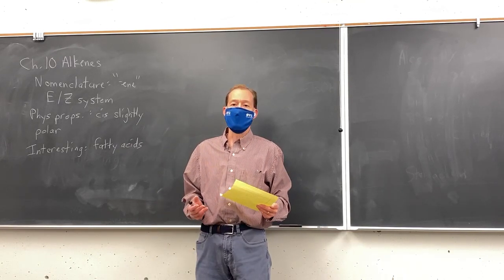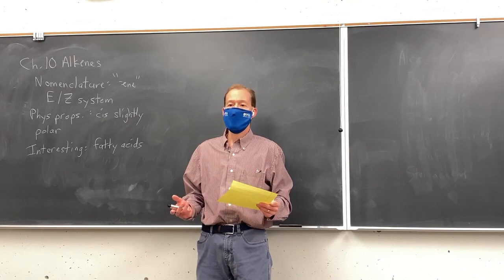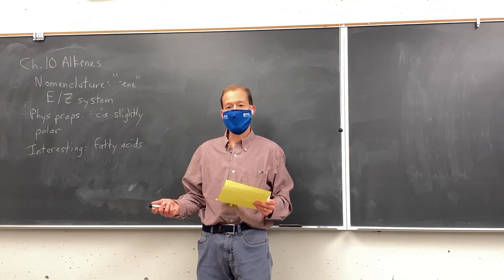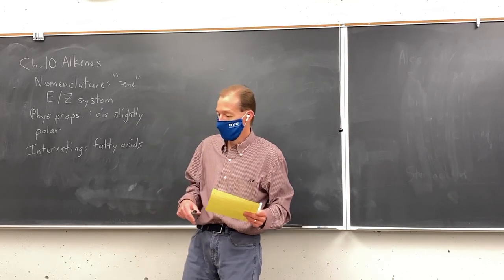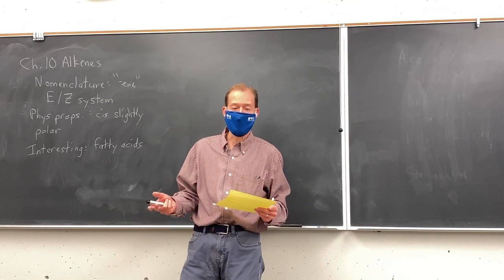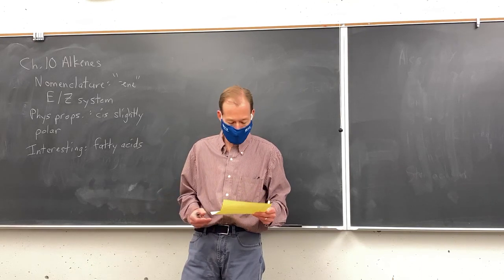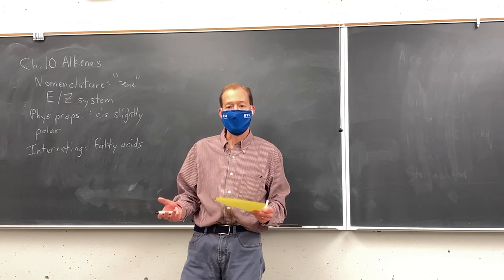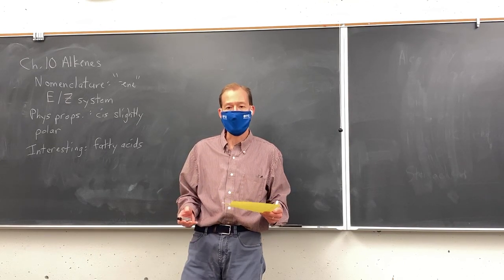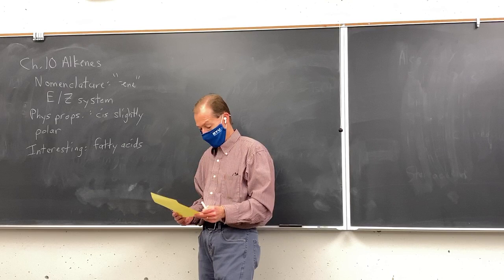And we talked about how the unsaturated fatty acids or the oils have lower melting points than the saturated fatty acids, also known as fats. So you should be able to explain why the unsaturated compounds have lower melting points than the saturated ones.